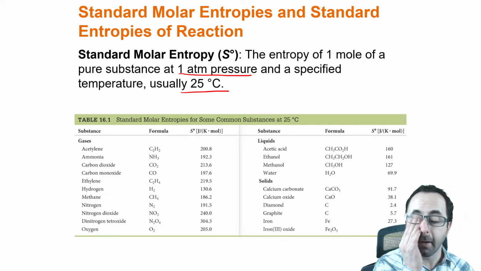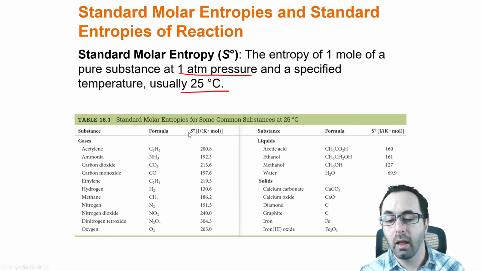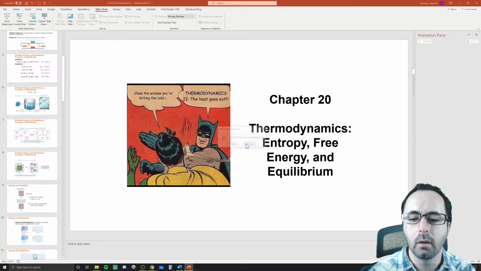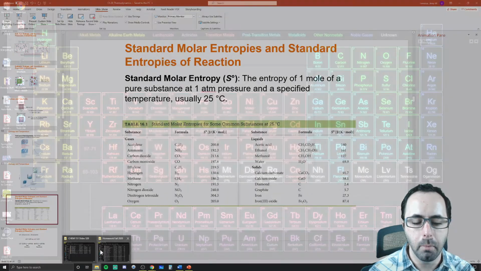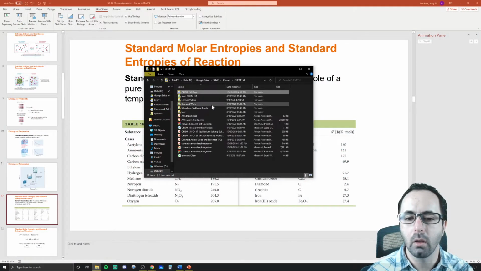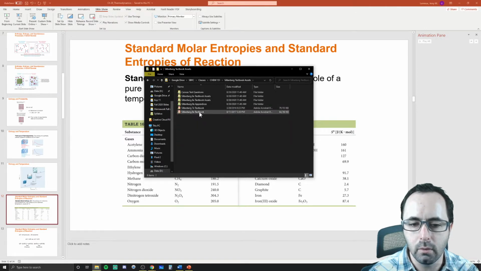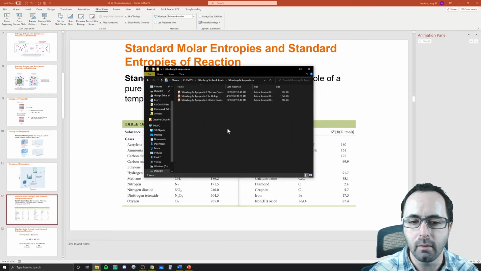And you'll notice here that these are S standards. They have units of joules per mole Kelvin. Now, what I want to do is I'm going to be posting for you the appendix from the textbook that has this thermodynamic information. So let's go to Chem 151 appendices.